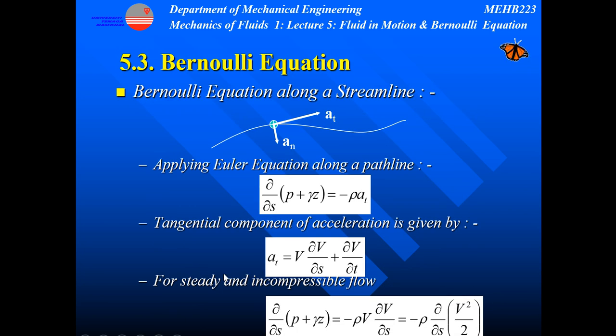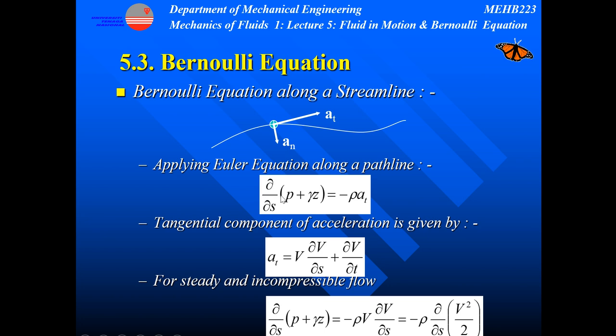So the Euler equation can be integrated along a streamline to obtain another equation called the Bernoulli equation. If you apply the Euler equation along a streamline, in the streamline we normally take the tangential acceleration and not the normal.